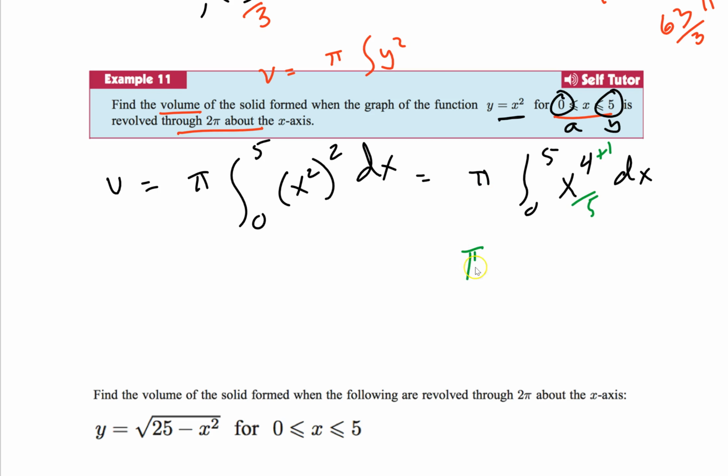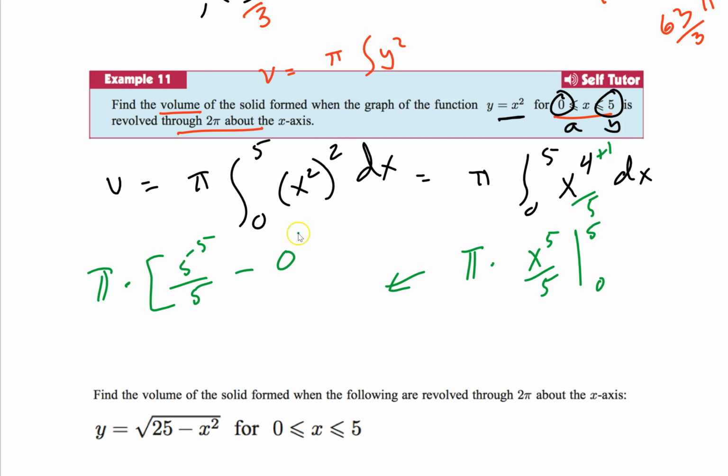So I get pi times x to the 5th over 5. Again, we have limits, 0 to 5. Then we plug in top minus bottom: pi times 5 to the 5th over 5 minus 0 to the 5th over 5.